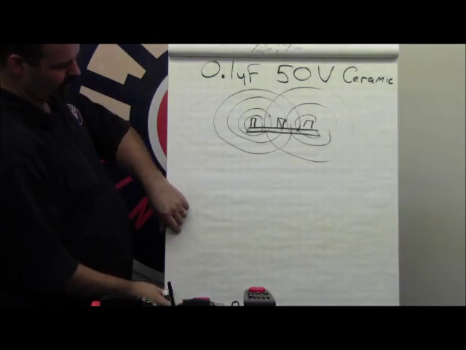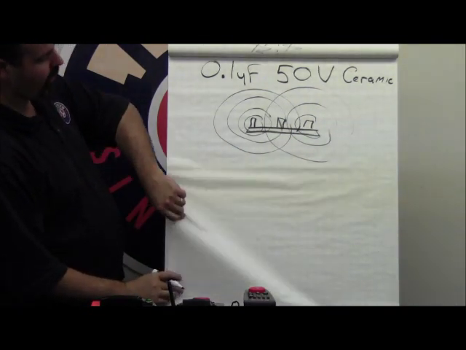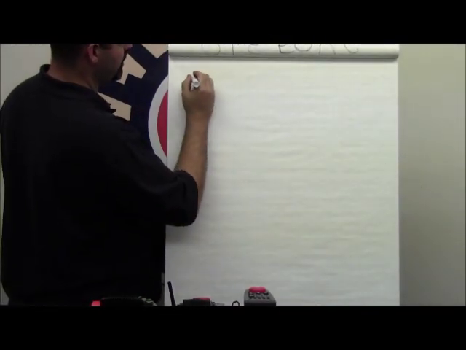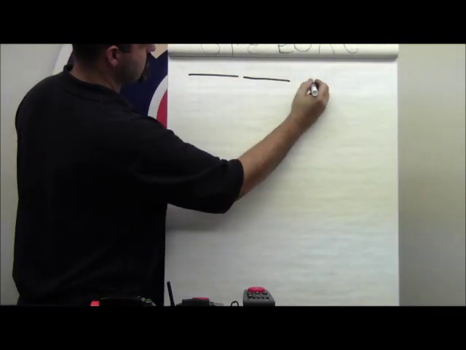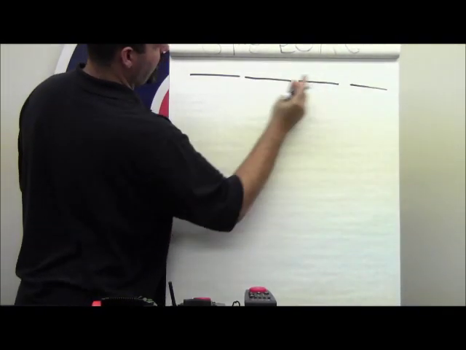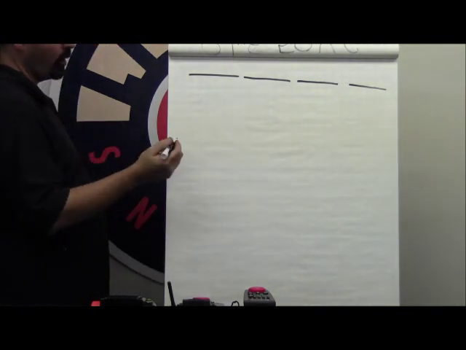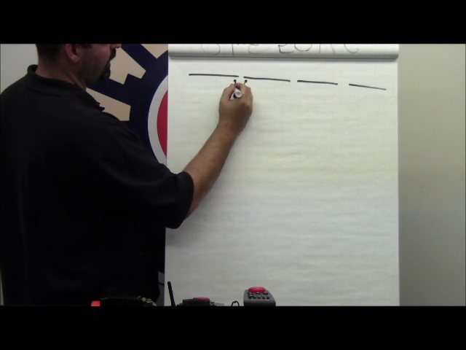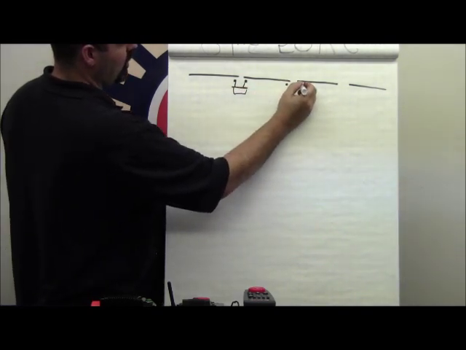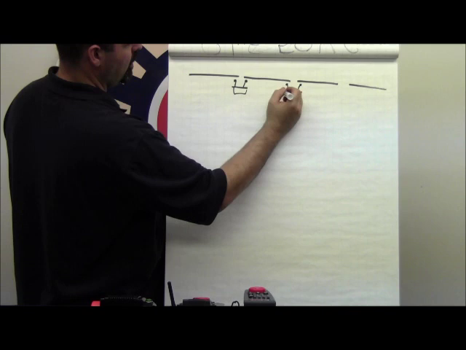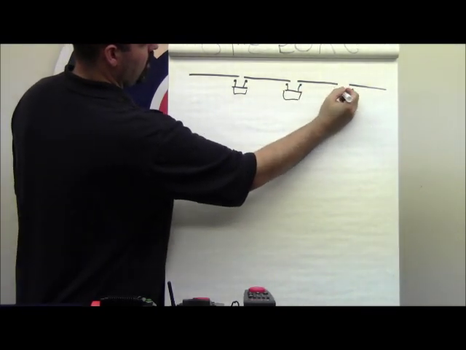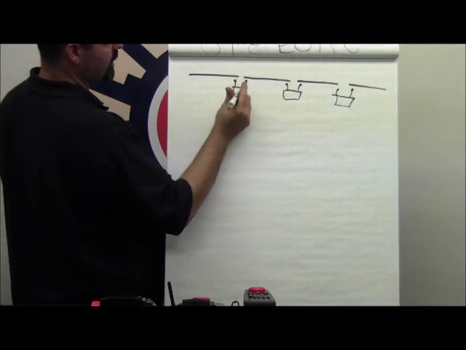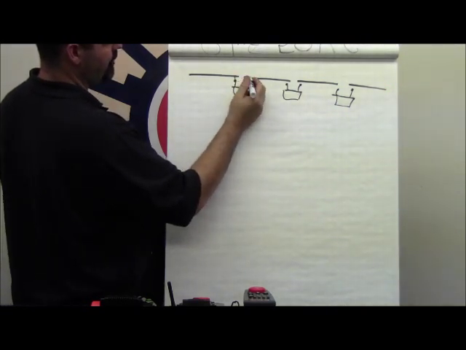And I'll show you how this all wires up. Assuming that this is your section of rail, and these gaps represent your isolated sections, what you do is you take your capacitor and you place it over the gap. One capacitor for each gap with a leg on each side.